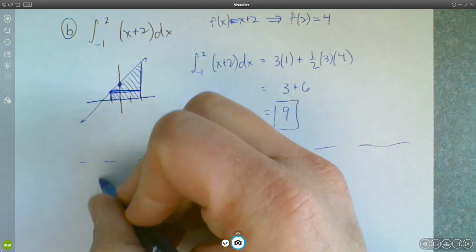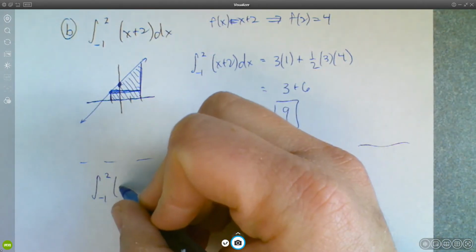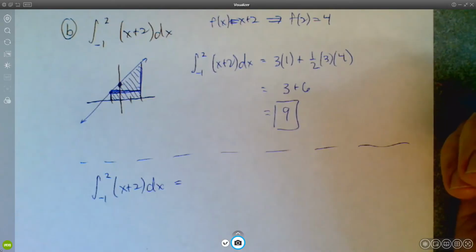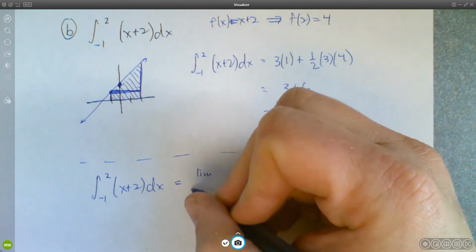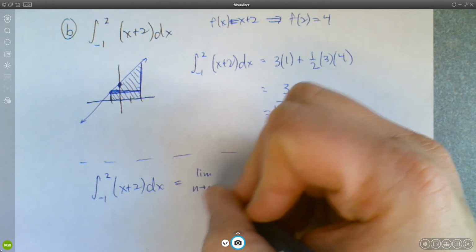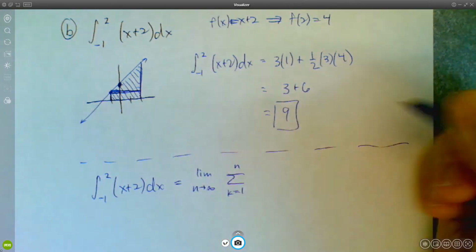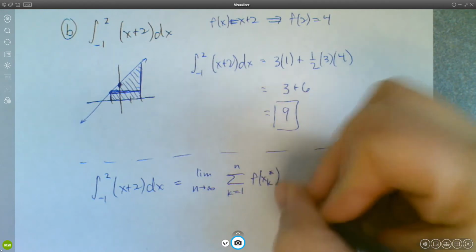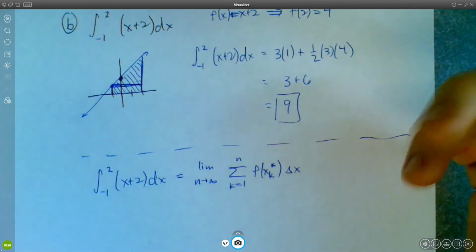So you could say the integral from -1 to 2 of x plus 2 dx is the limit as n goes to infinity of the sum from k equals 1 to n of f of xk star delta x.